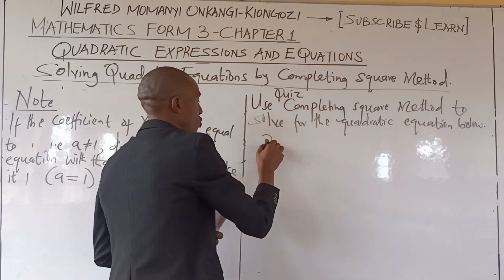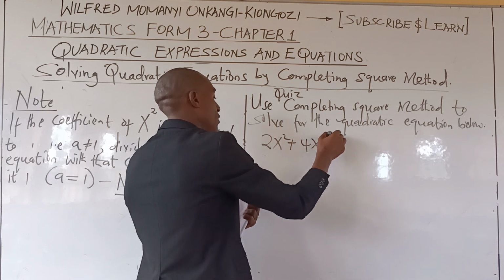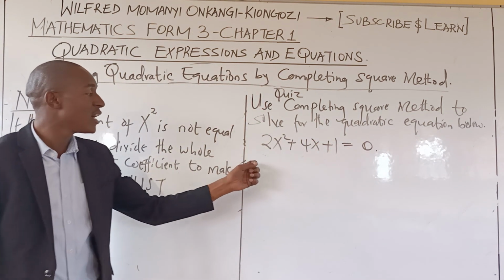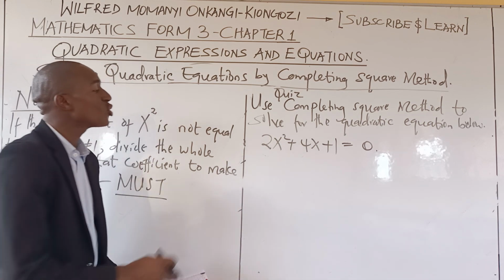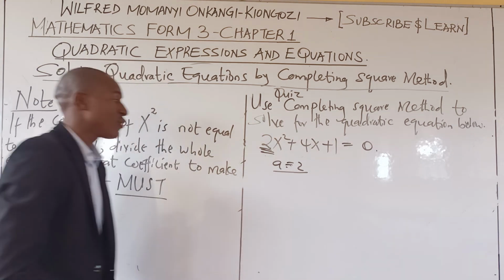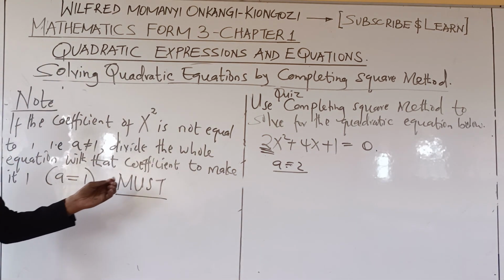This is going to be 2x squared plus 4x plus 1 is equals to 0. I have deliberately given you a question whose a is not 1. In fact, a is 2. And if you refer to the last point here, you'll be able to advance in this question.